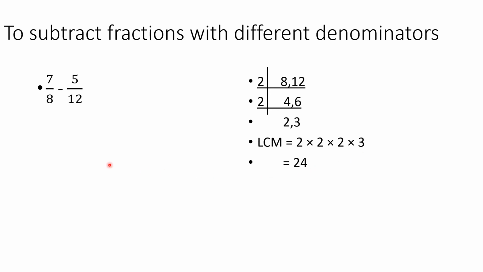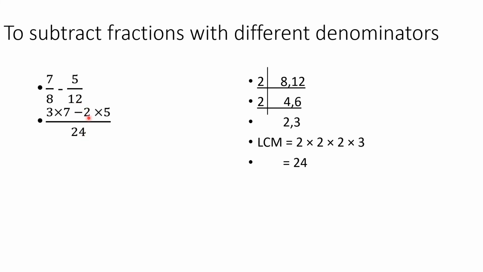This 24 will be our new denominator. Now we will divide 24 by both the denominators. When we divide 24 by 8, 8 threes are 24. So we will write 3 here, multiply this numerator, sign of subtraction minus 12 twos are 24.